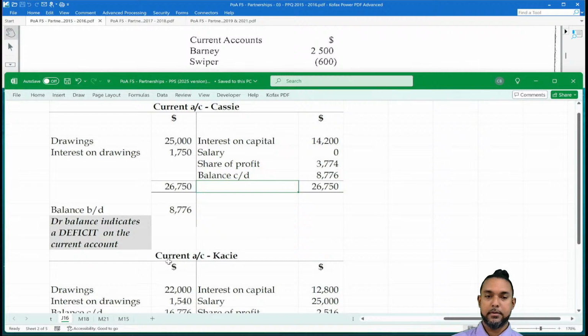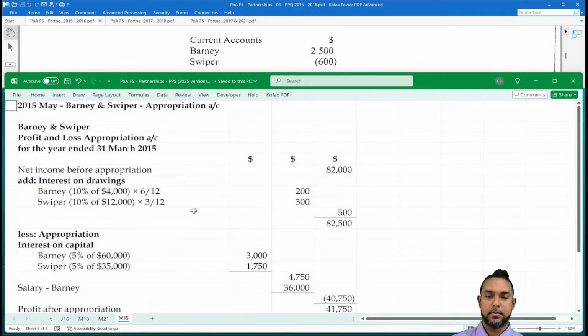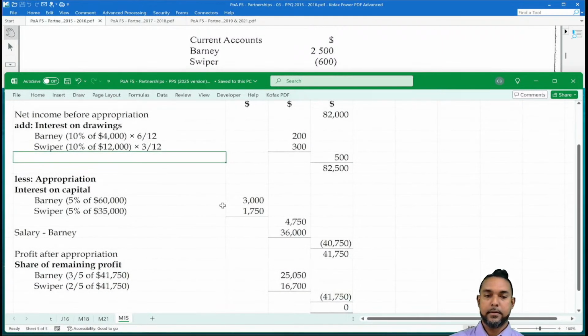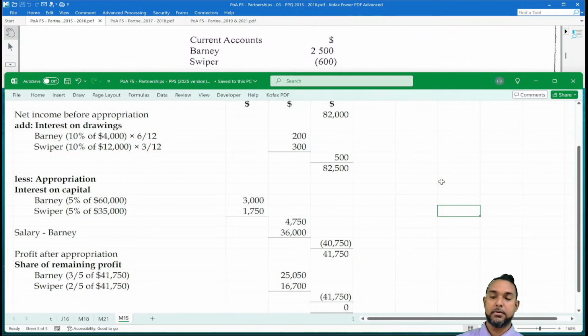Okay, so I think everything you need to do the current accounts for Barney and Swiper is visible. You have their opening balances at the top, the interest on capital, the salary, share of profit, the drawings, and the interest on drawings. Right, okay, so go ahead. I'll give you a couple of minutes to sort that out.